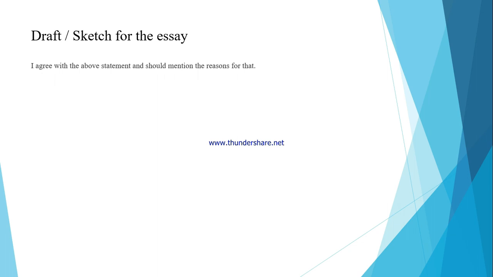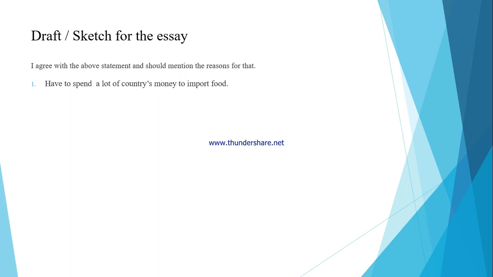It has economical benefits, health benefits, and social benefits. So if I am going to agree with this statement, I have to justify my answer by giving reasons for that. So in the draft, I am going to write those reasons in point form.